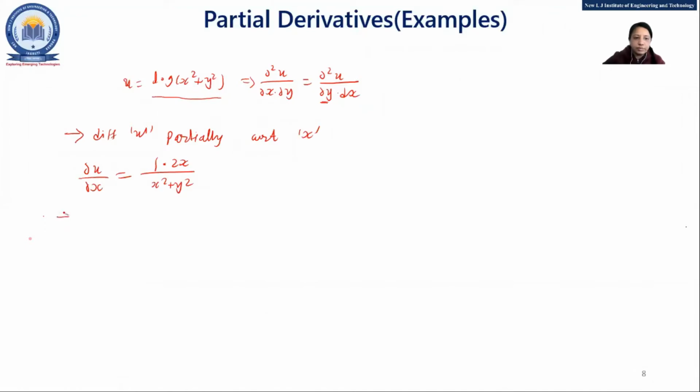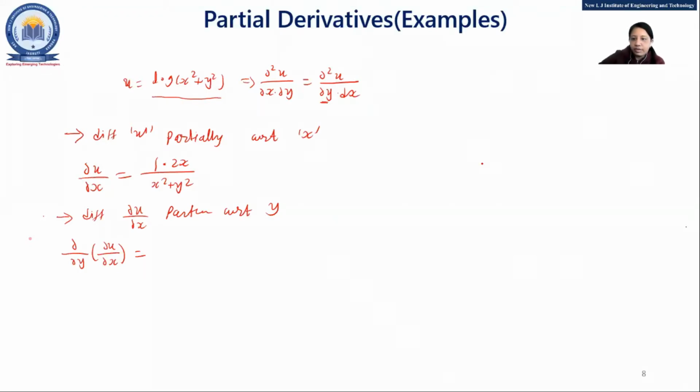So differentiate del u by del x partially with respect to y. So what is supposed to be there? Del u by del y of del u by del x.